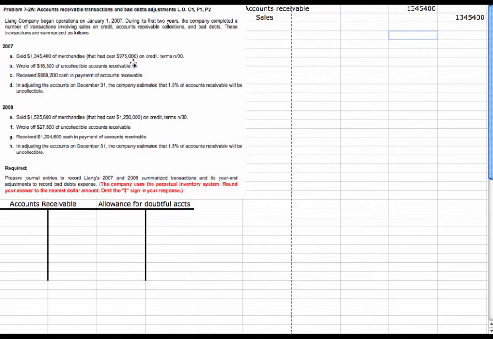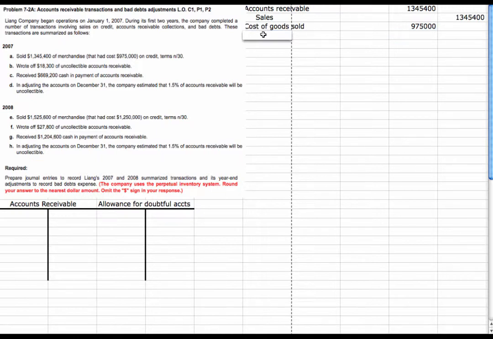But because of the cost of $975,000, we have to recognize the cost of goods sold. Now remember, cost of goods sold is an expense. Being an expense, it increases with the debit entry. So we're going to debit $975,000 to recognize the cost of the inventory that corresponds to this $1,345,400 in sales.